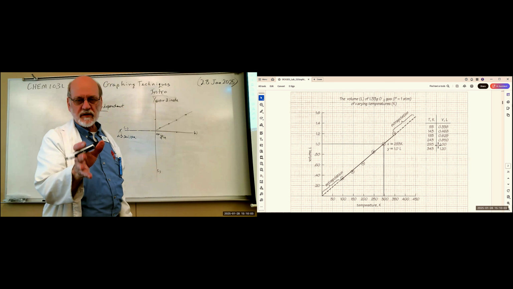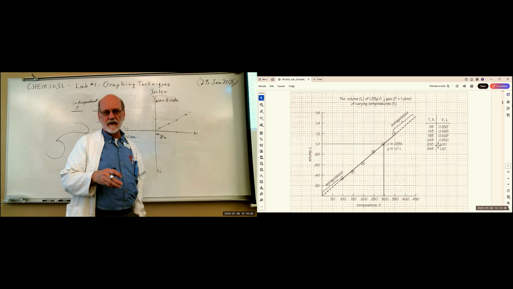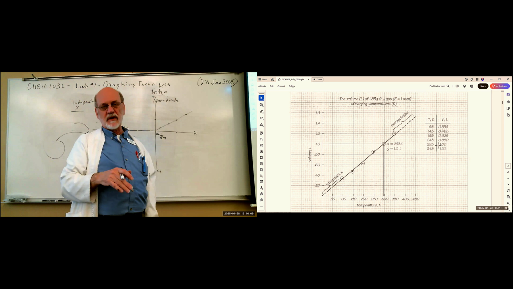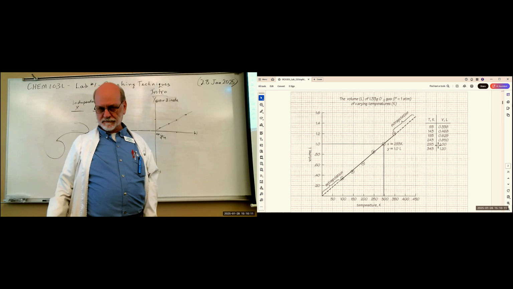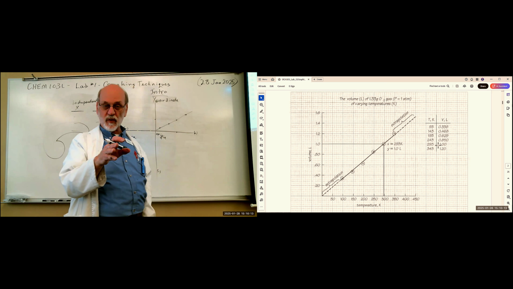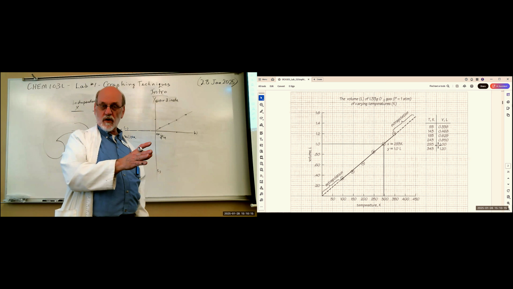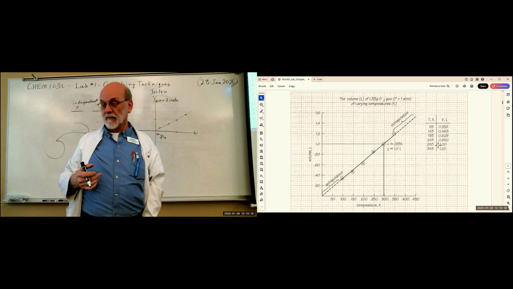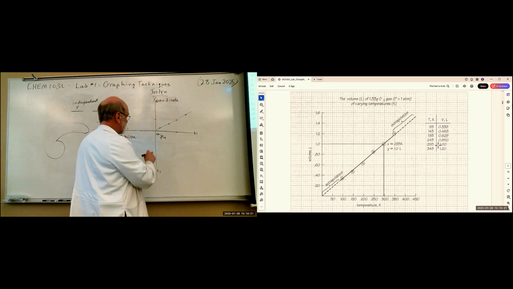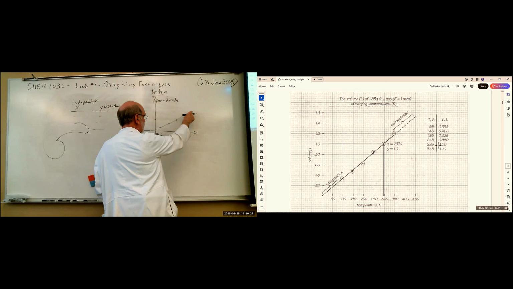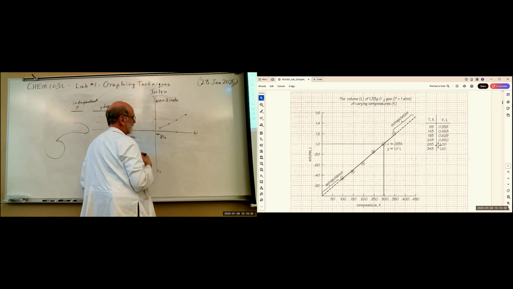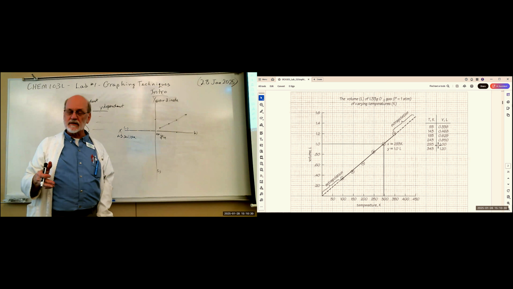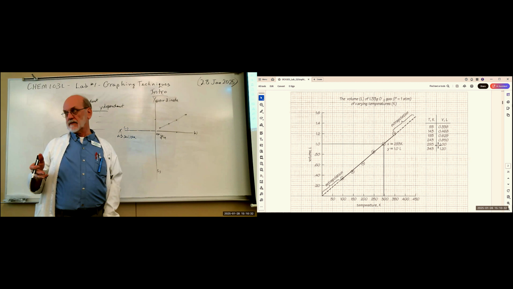In this case, we're comparing temperature and volume of a confined gas. So as the temperature goes up, the volume goes up, and we measured these values. Notice that the data points don't go down all the way to the origin, and they don't go past a certain point. So when we draw this best fit curve between that point and this point, once you have the best fit curve, you can use it to do what ifs.